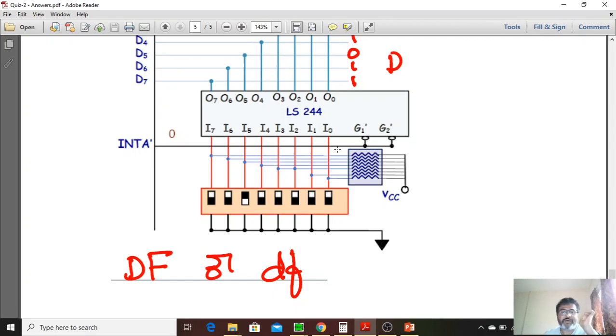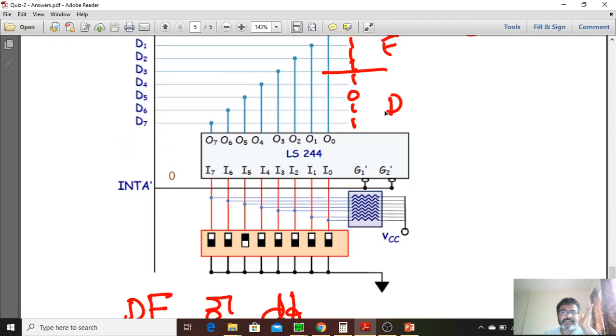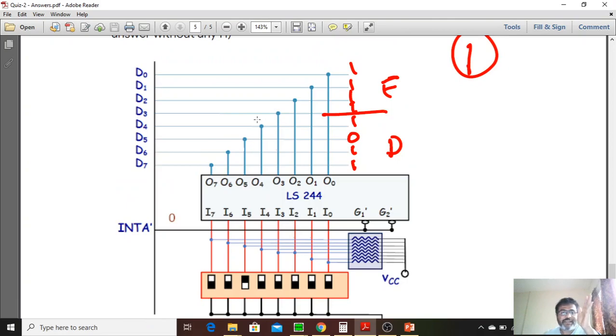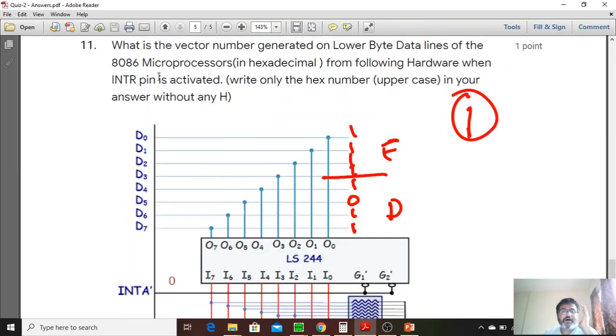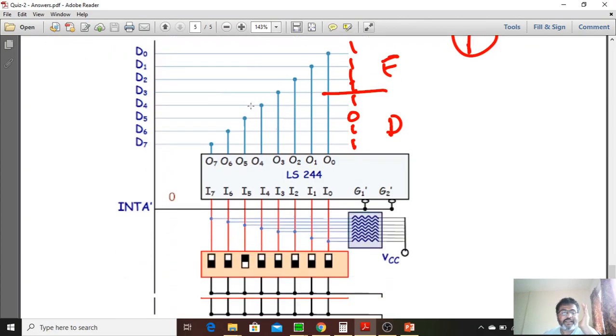That means 1101 means it is D in hexadecimal. 1111 means F. So from D7 to D0, this is the lower data bus. The interrupt vector is going to be DF.